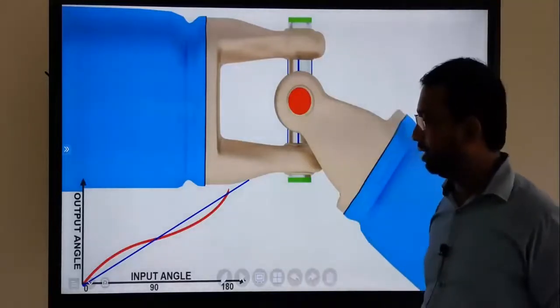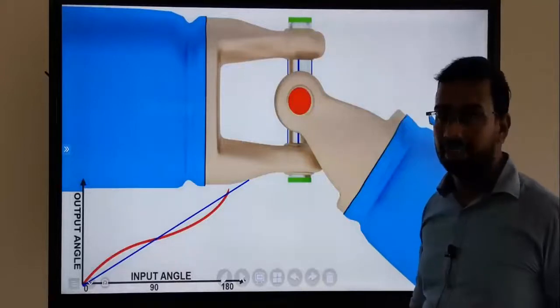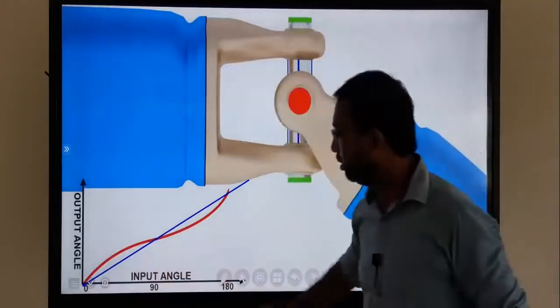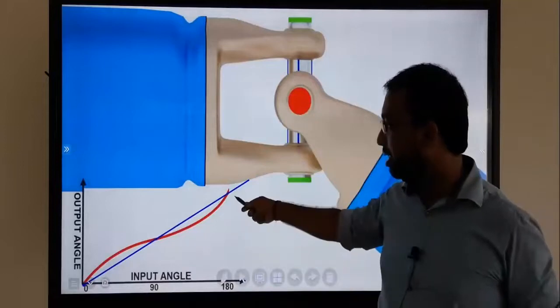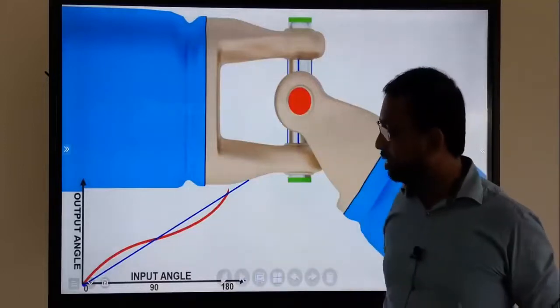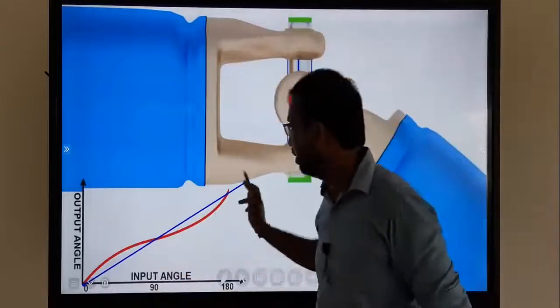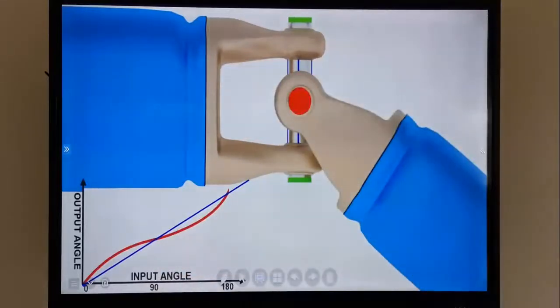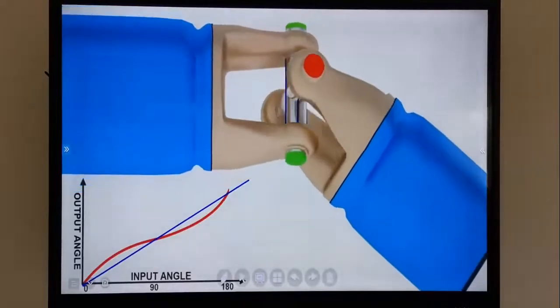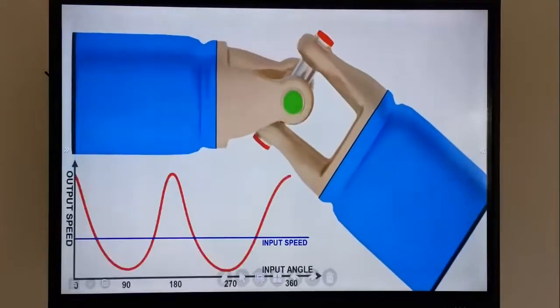But what will happen, the output angle is not constant. At every 90 degrees it meets here and is equal to the input angle, but it is not increased gradually, okay. So the angles are not the same.